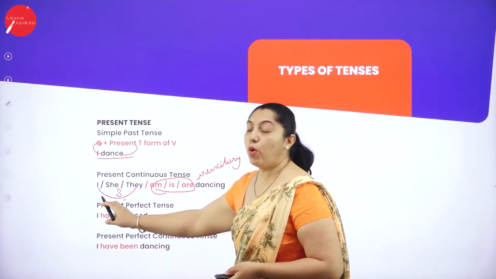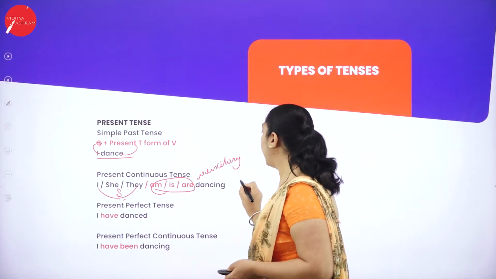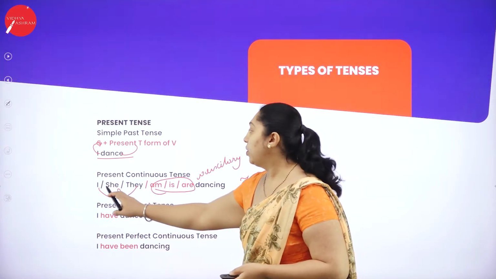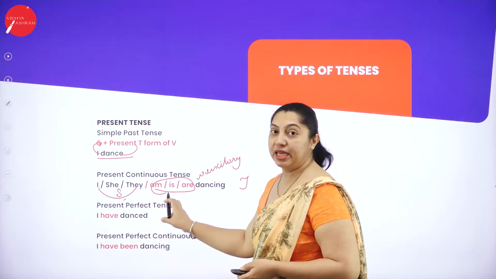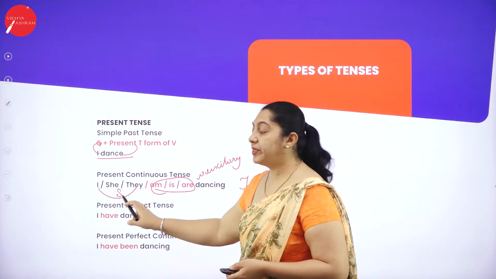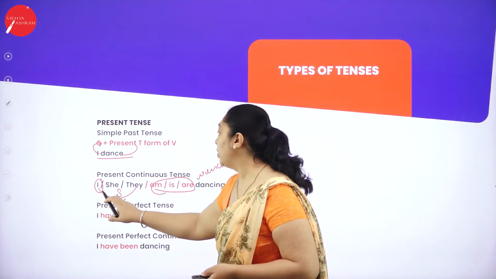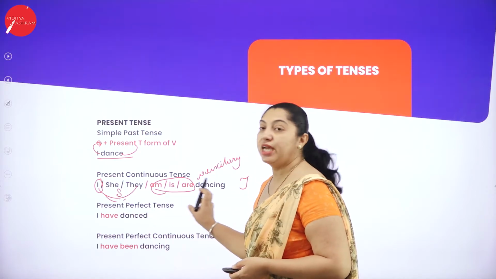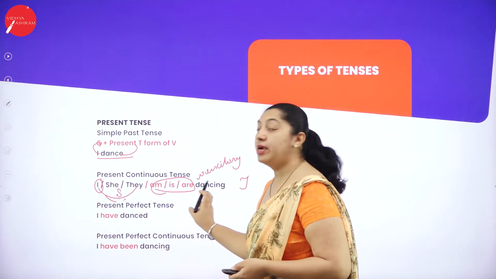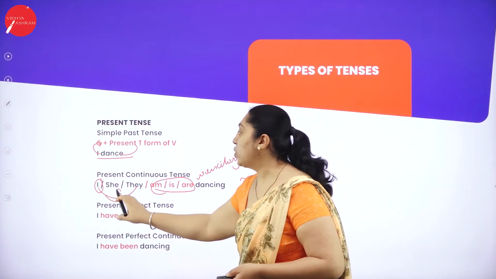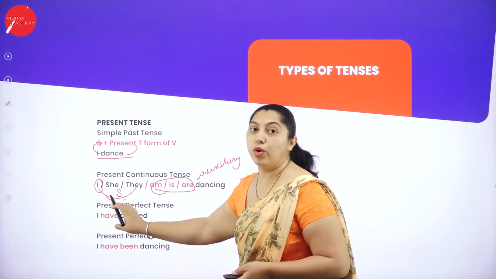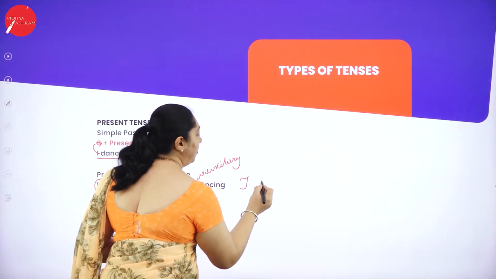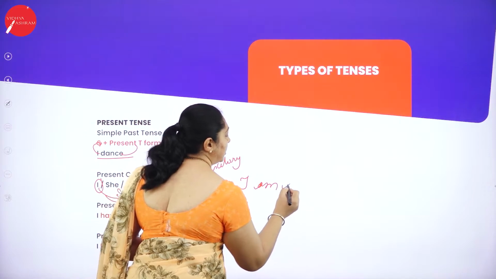So what is the auxiliary verb used here? For the subject I, we use the auxiliary word am. I am dancing. She is dancing. They are dancing. It changes here. It will be I am dancing.